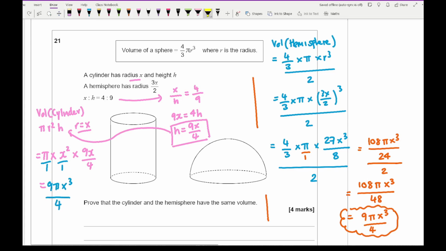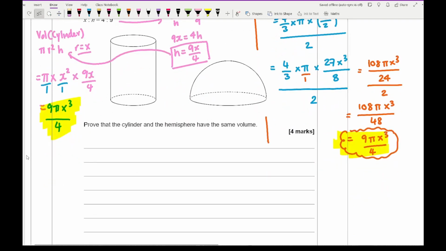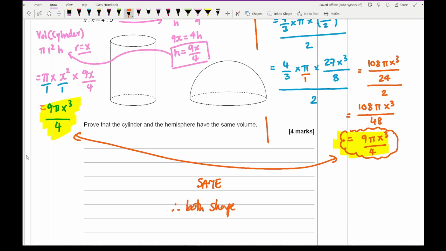And as you can see, these two expressions for the volume are the same. So as these two things are the same, both shapes have the same volume. And there we go.